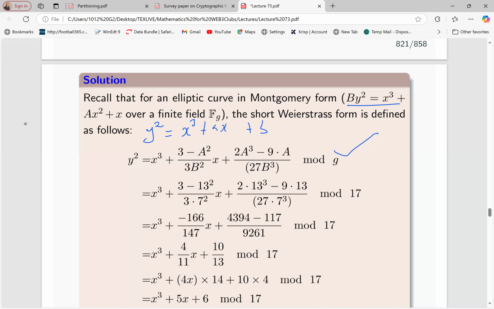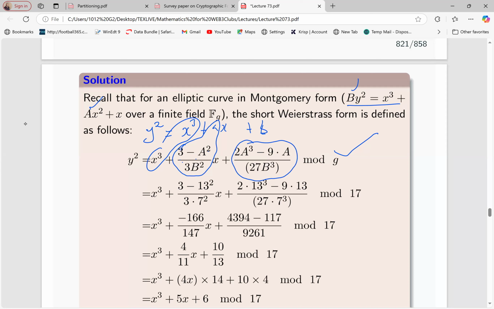And use this formula where the first parts are equal and the second parts are also equal. So you find A is given by this fraction, (3 minus a squared) over 3b squared. Just getting them here, B is here, A is here. And what about B? B is given by this fraction.